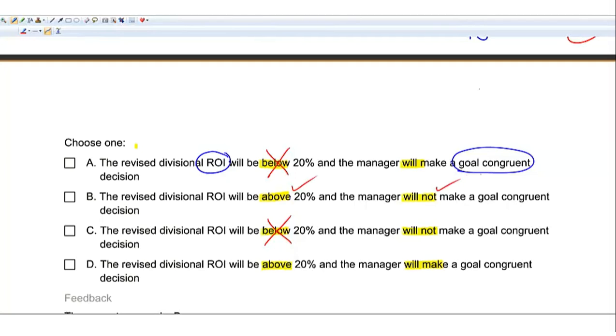We also know that that statement is true because he's sold them for below market price. Therefore, the statement that is true is statement B. Finishing off, we can say that statement D is not correct, because it states that he will make a goal congruent decision, and we know that that is not the case. So the correct answer would be response option B.